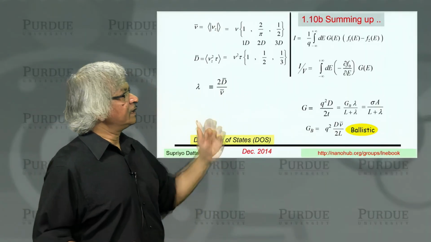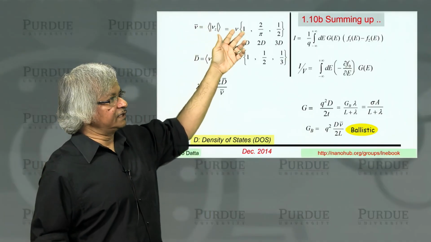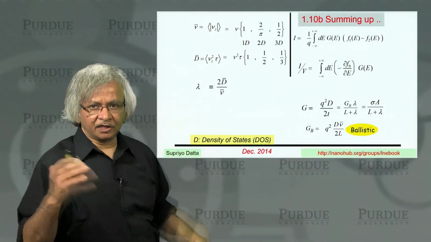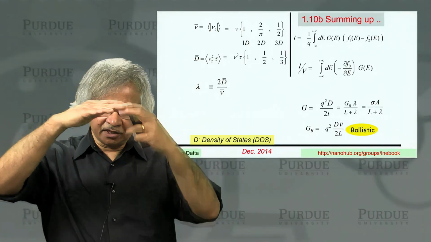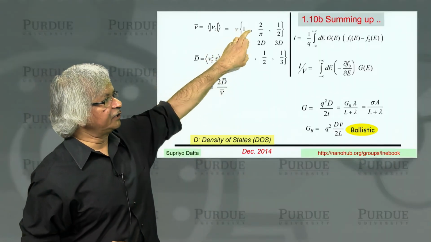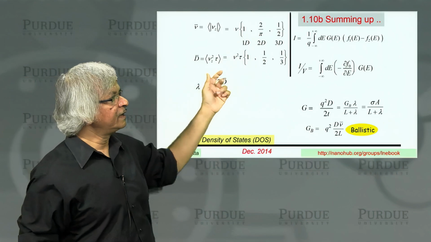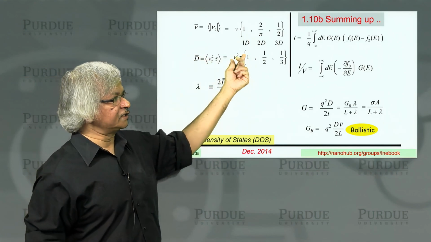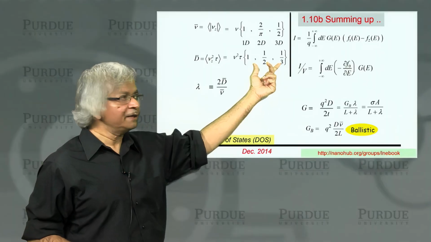That is, we showed that the average velocity would be this v, which corresponds to a particular energy. That is, electrons with a certain energy have a certain magnitude of the velocity, that's v. And in different dimensions, the averaging gives you these different geometrical factors. And similarly the diffusion coefficient is v squared tau, again with these different geometrical factors.